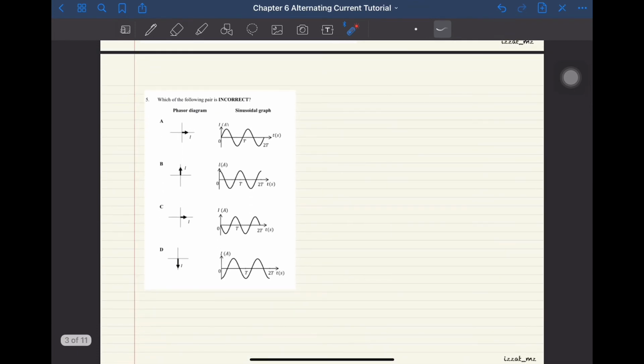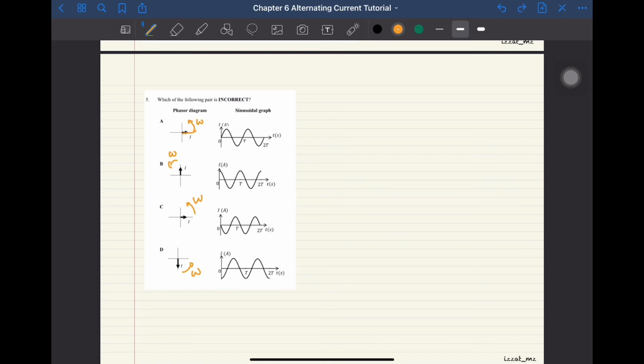Question number 5. Which of the following pairs is incorrect? Now they give you a phasor diagram. They want you to translate it into a graph of I against time. So the direction of the motion is in this direction. You move anti-clockwise. So you expect initially this part is 0.